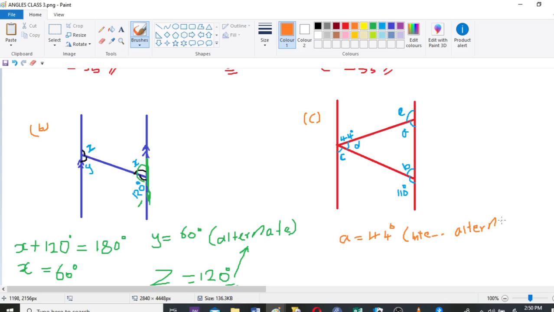They are interior alternate angles. So that's the reason why.